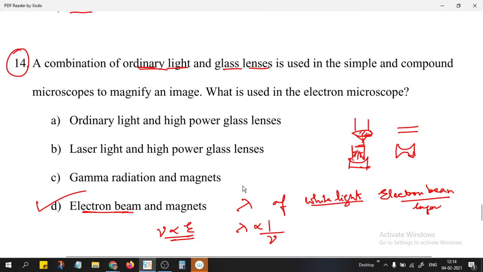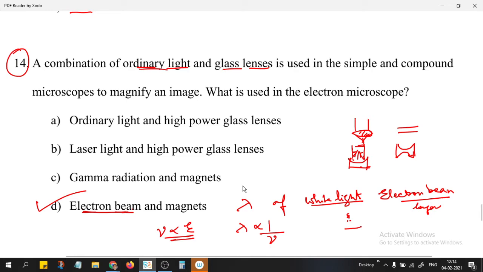So when we are using an electron beam, we want to look at a very fine sample, to see between very close structures. So we need a wavelength that should be very small.